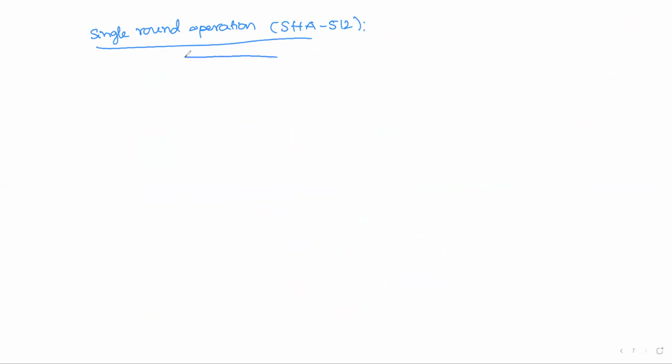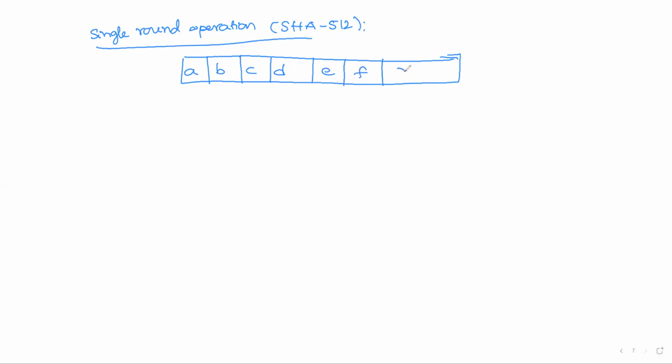See, for round 0, you are taking the initial vector, which contains 8 buffers. You know, buffers we represent like A, B, C, D, E, F, G, H.